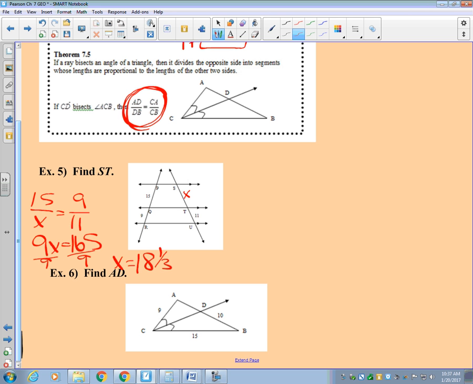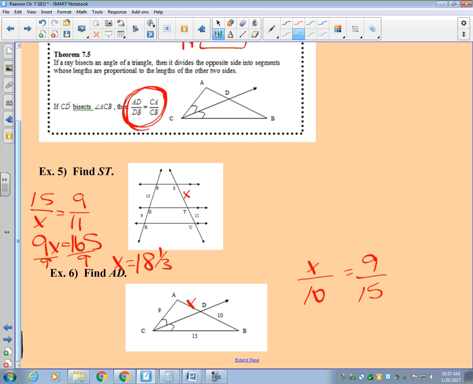Okay, so let's look at our second example. We want to find AD, which is this guy right here. So we're going to use that proportion up there. It says AD, which is X, over DB, which is 10, is equal to CA, which in our case is 9, over CD, which is 15.